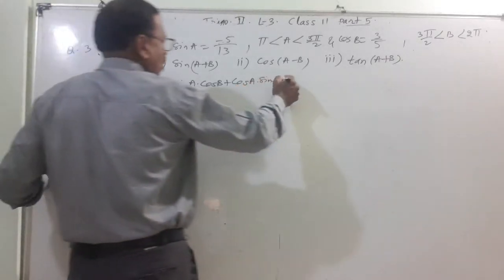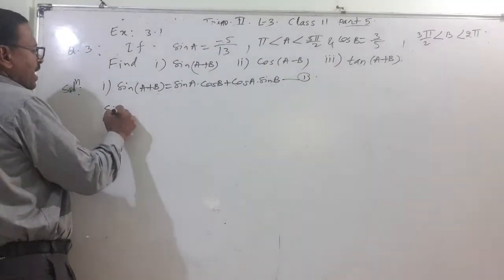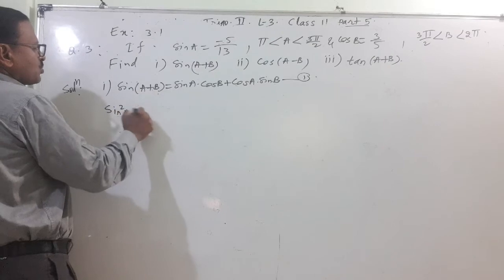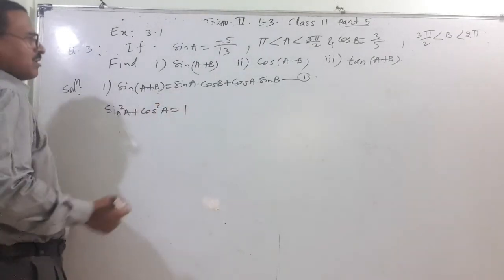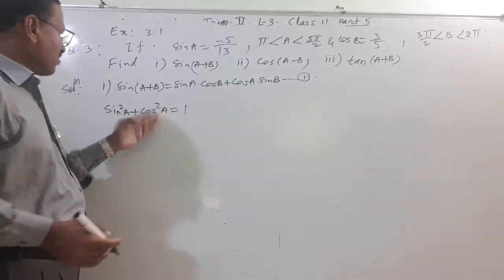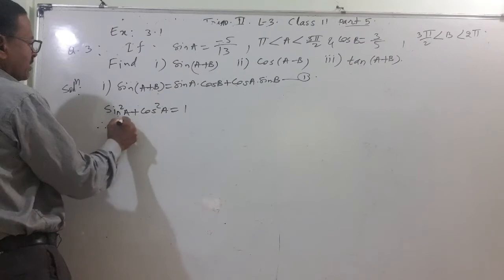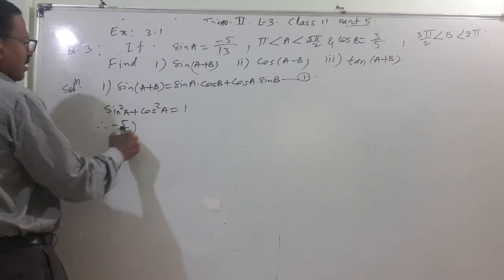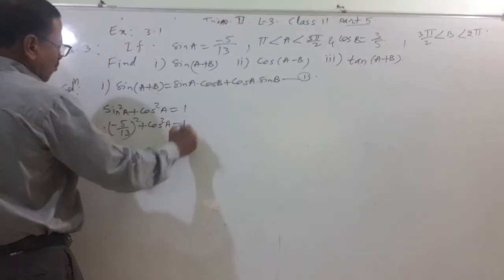This is number 1. We will find the value. Sin square A plus cos square A is equal to 1. Because I want this cos A value, I will find this cos A value. Therefore, sin value is minus 5 by 13 bracket square plus cos square A is equal to 1.